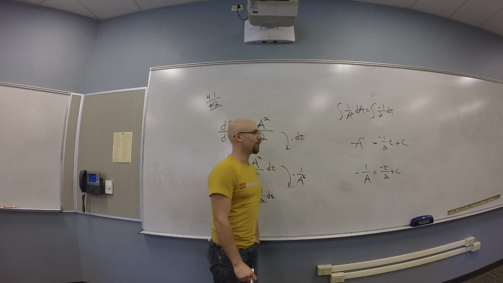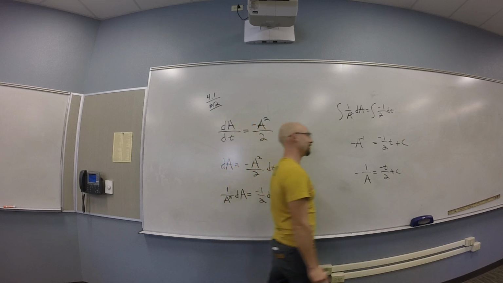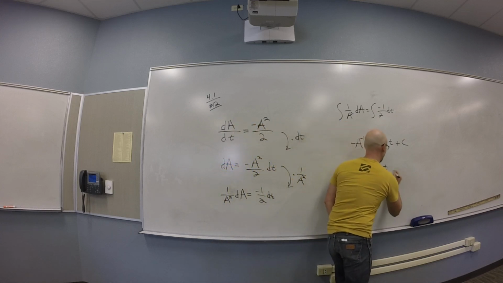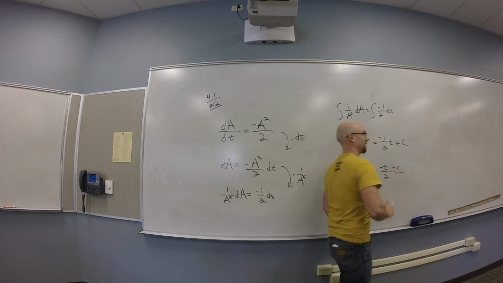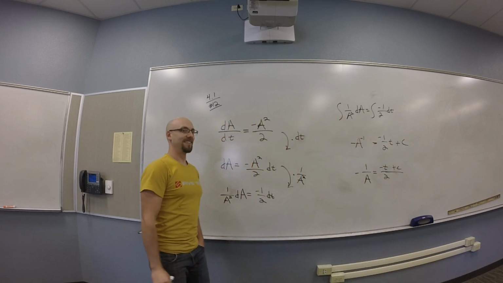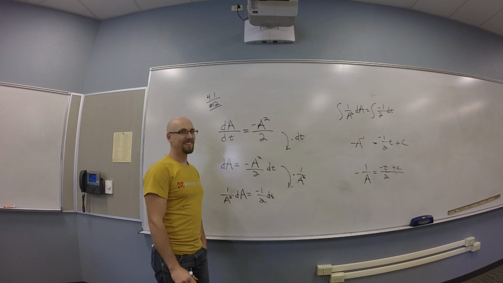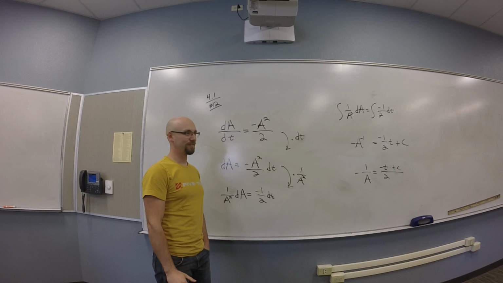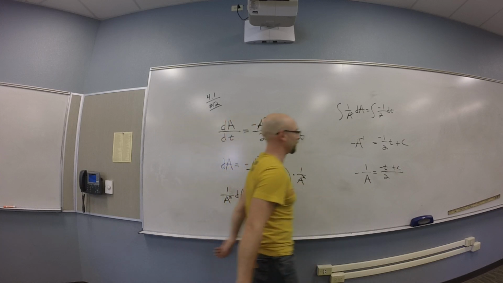And then you get super rad with your arithmetic and do this. Because a constant and some other, like crazy double that constant divided by 2, is the same thing. And then flip both sides over.